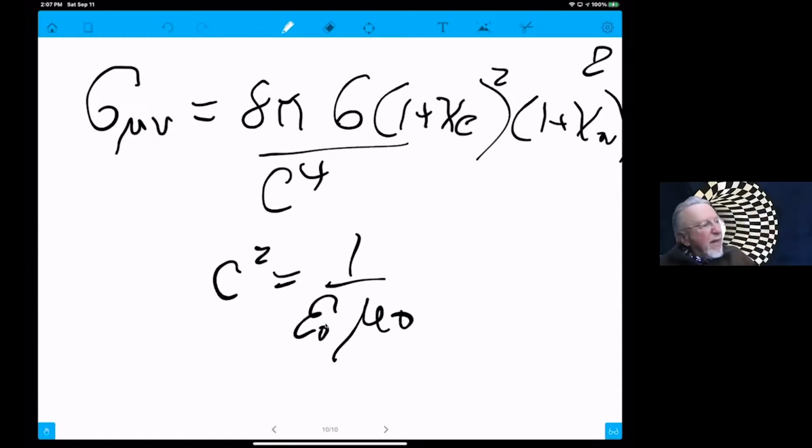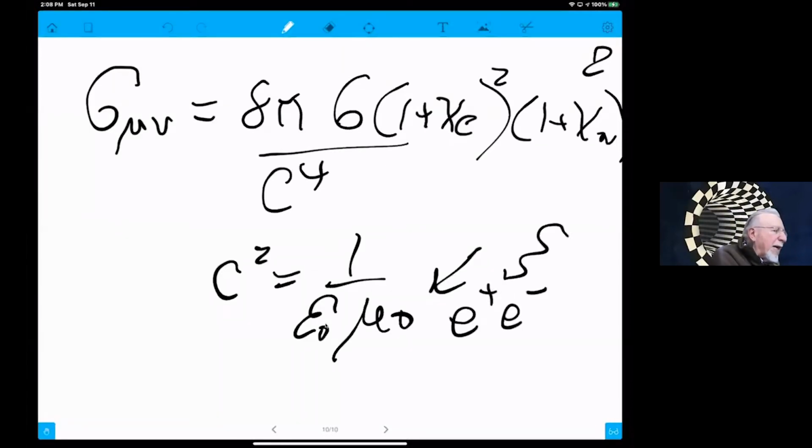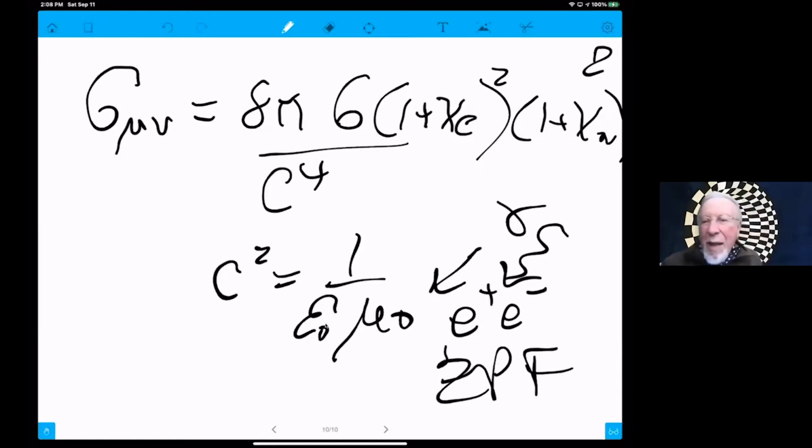That's the vacuum, and this is the modification. It all comes from e plus e minus photon scattering, mainly the scattering of photons through the zero point fluctuations, the ZPF, what Hal Puthoff likes to talk about: vacuum polarization, the virtual electron-positron pairs.